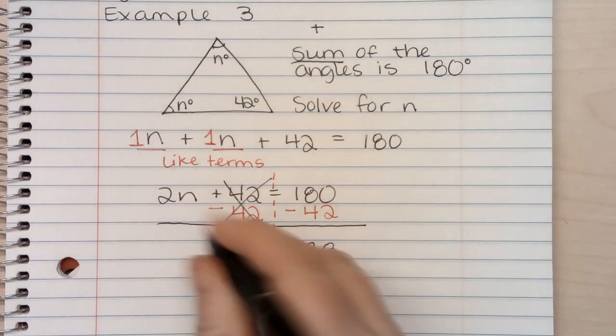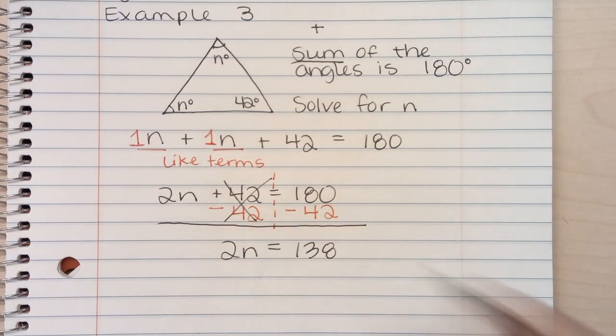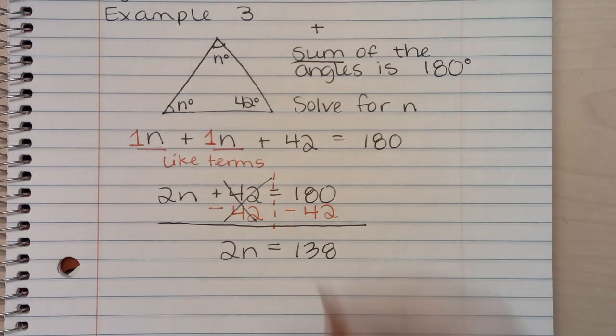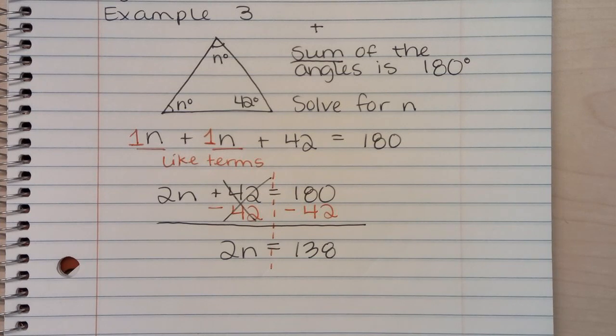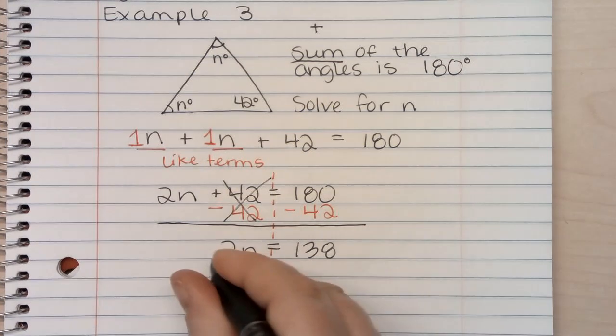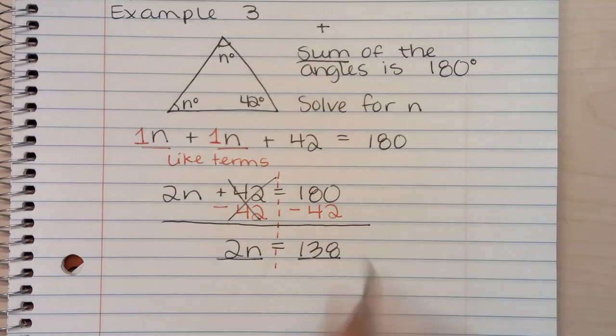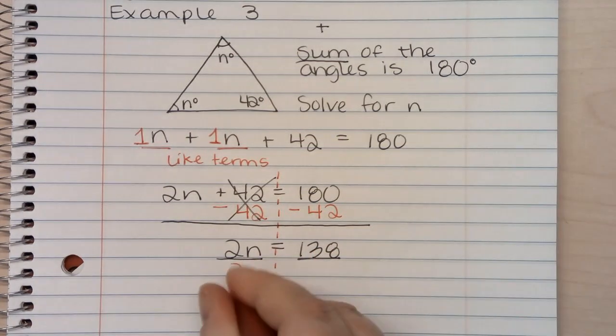And I'm going to bring down my 2n. And I'm still trying to isolate that n. This says 2 times n. So I know that the opposite of times is divide. So I know I need to divide each side by 2.